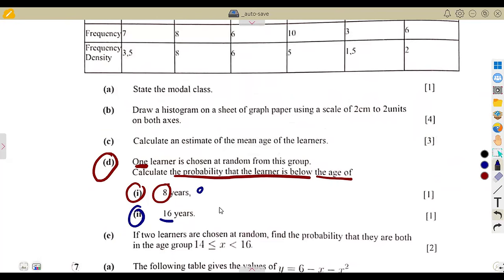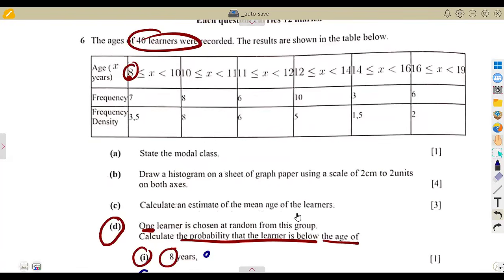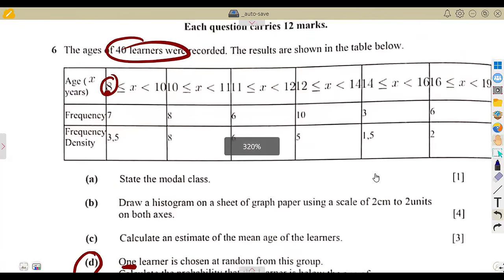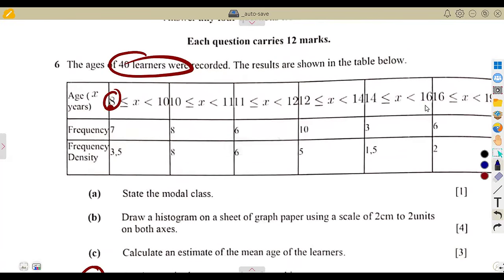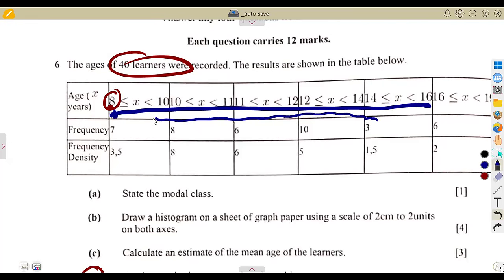All right. Item 2, below the age of 16 years. Below 16 years, X must be less than 16. So this is everything up to 16, and 11 is also below 16. We are going to add everything: 7 plus 8 plus 6 plus 10 plus 3.